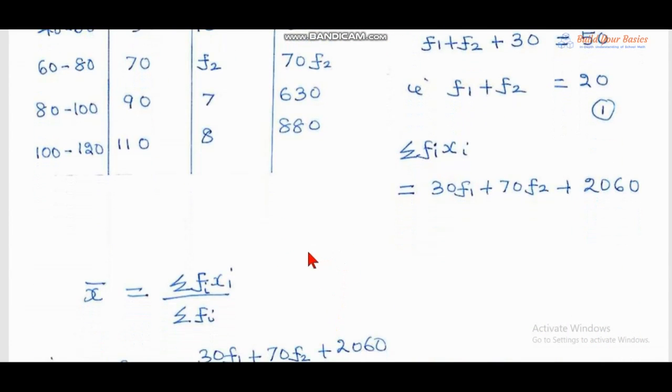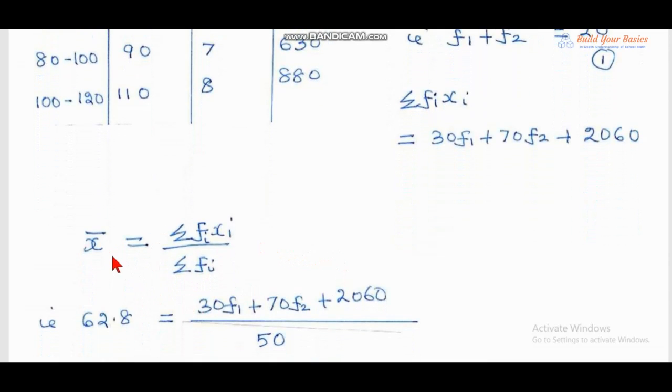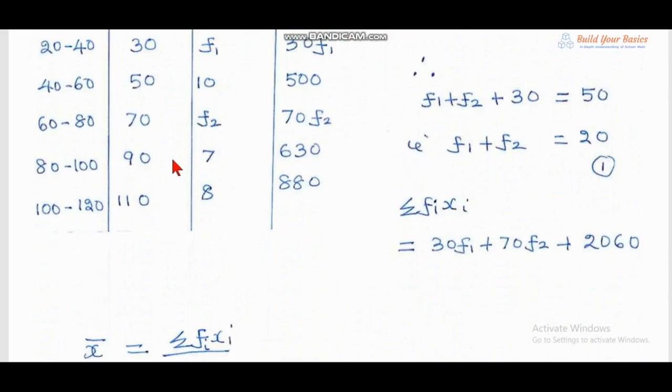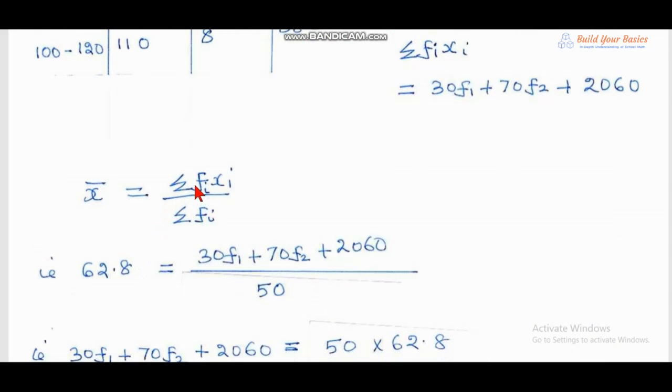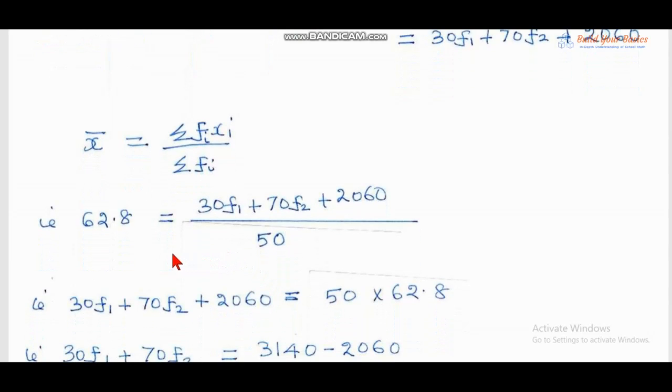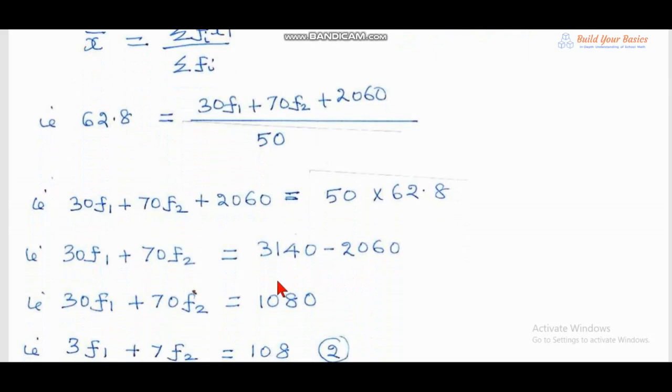So substituting the formula, x bar equal to sigma fi xi divided by sigma fi, x bar is given 62.8 is equal to 30 f1 plus 70 f2 plus 2060 divided by sigma fi. It is given in the problem total frequency is 50. Now cross multiplying, 30 f1 plus 70 f2 plus 2060 is equal to 50 into 62.8.